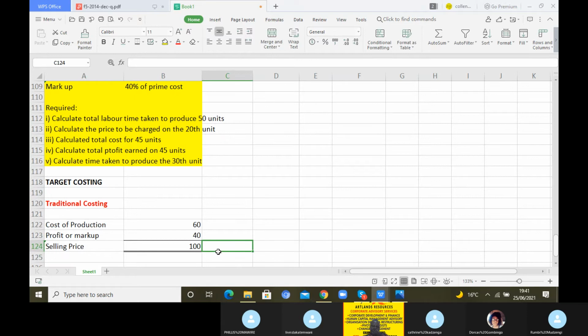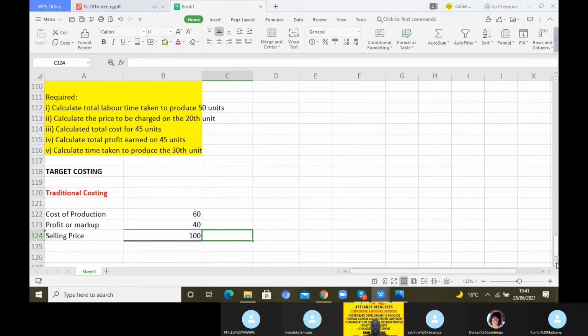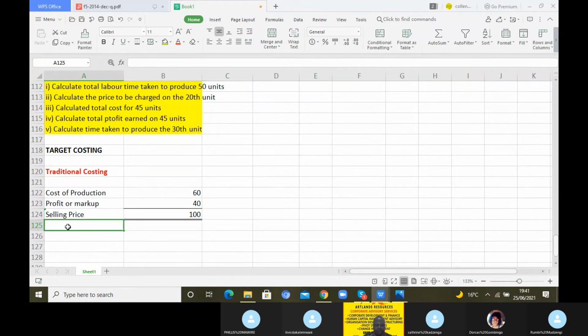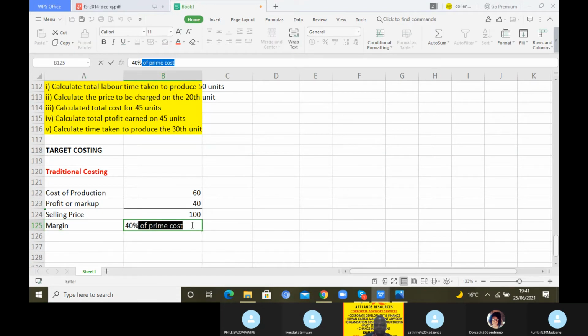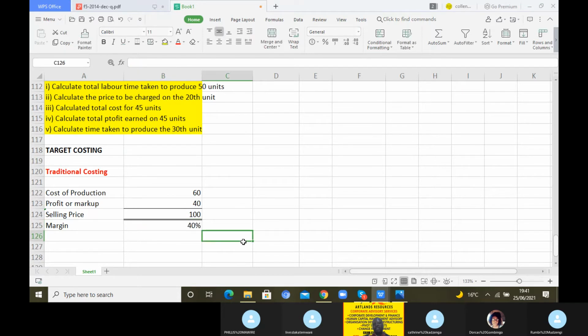So let us discuss what happens. The margin. Remember, as always, margin is profit as a percentage of selling price. So the margin is 40%. If you put these cakes in Pick and Pay, for example, and say, please sell my cakes, my selling price is $100, this particular approach is bound to have quite a lot of problems.